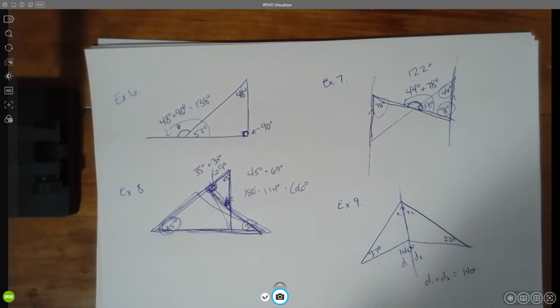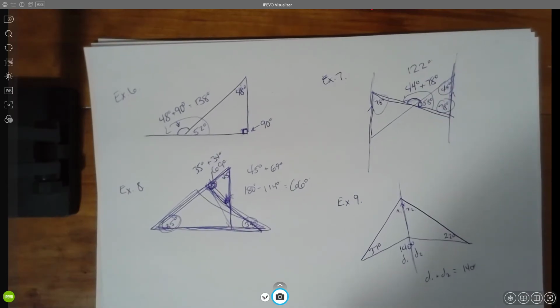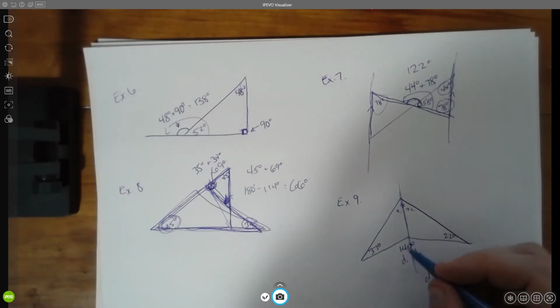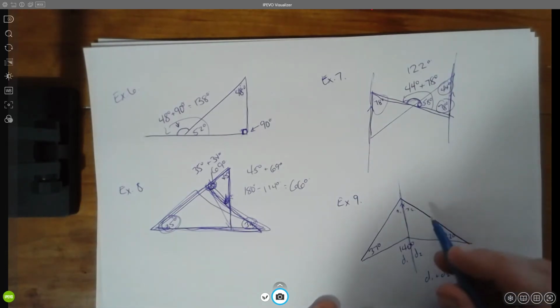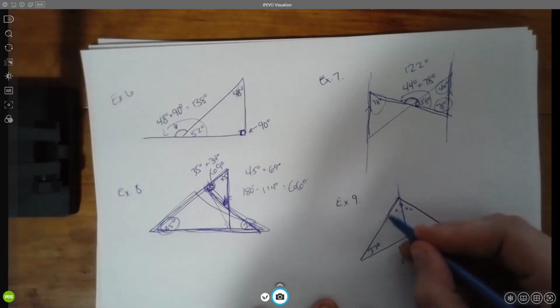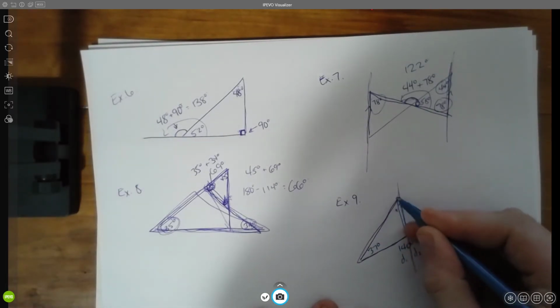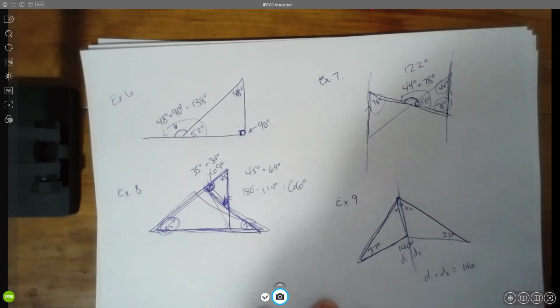Okay, now that we know that that is an exterior angle, we can use that information to solve some of the rest. Let's step through the rest here. Angle ABD would be this triangle here. We separated off these two triangles.